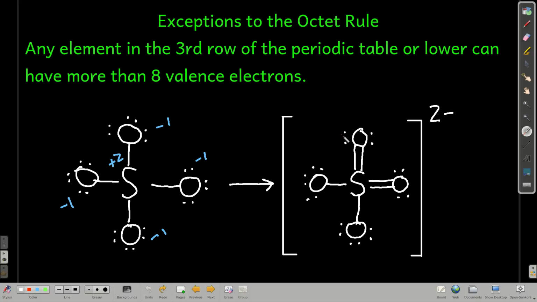So if we were to make a double bond, say here and here, what I've done is, when you make a double bond, you take 2 dots that are a lone pair, and you draw them as a line. Now that's a double bond between this oxygen and this sulfur. And I did the same thing over here.